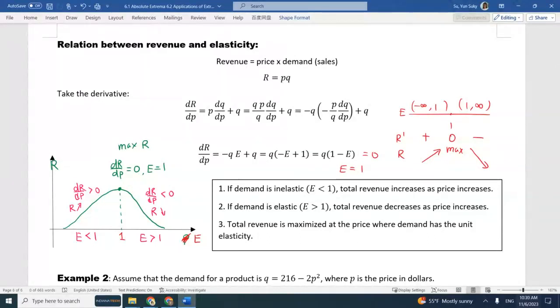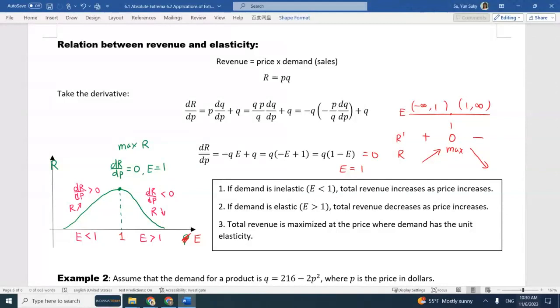On the other hand, if the demand is elastic, so E is greater than 1, the total revenue decreases as price increases. Right, everybody? And the total revenue is maximized at the price when the demand has unit elasticity.